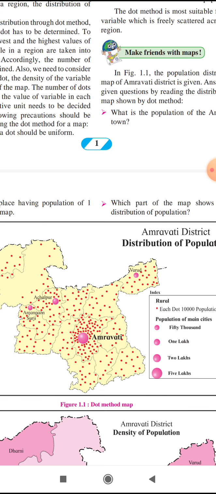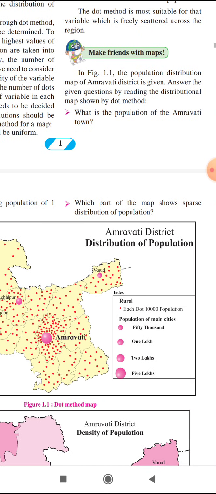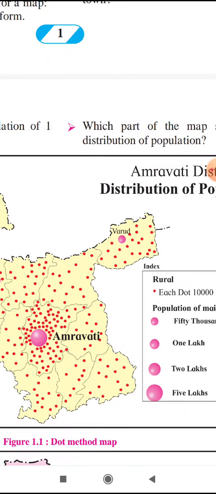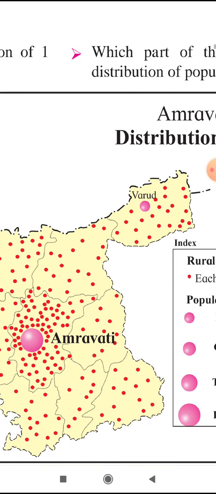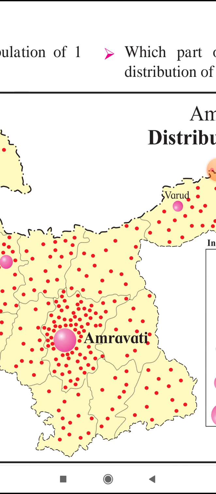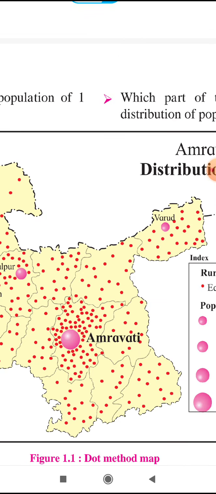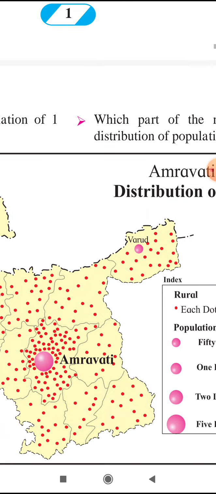Now you can see here, students, that in Amravati Taluka the dots are more. You can also count the dots and give, or write, the exact population of Amravati Taluka. Here in Varud Taluka, how many dots are shown?